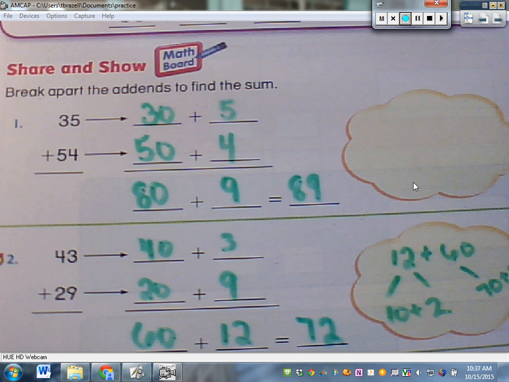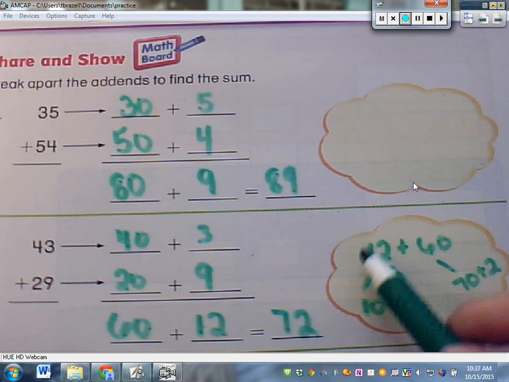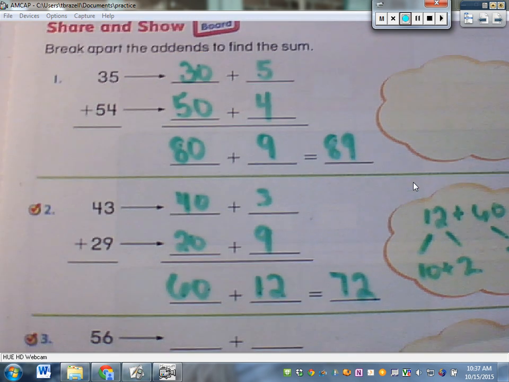So you have 70 plus 2. And that's what the cloud's for, is if you have a larger number, you can break it down: the 12 is 10 plus 2, and that would make adding the 10 to 60 and then adding the 2.